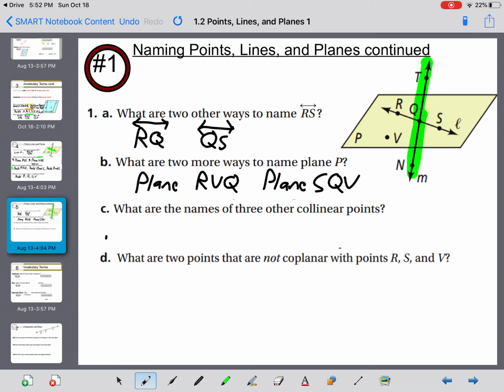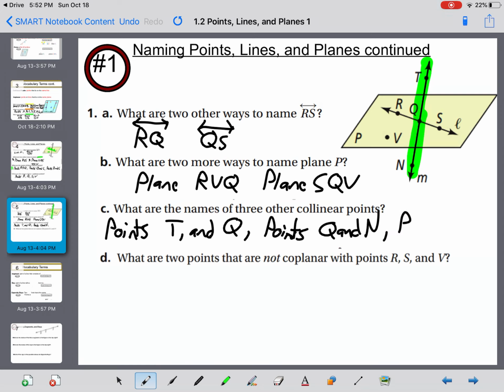Collinear points would be points T and Q, points Q and N, and points T and N. Those are all collinear points.